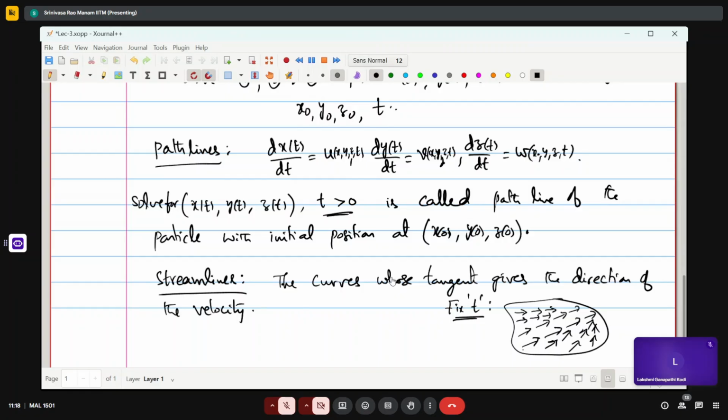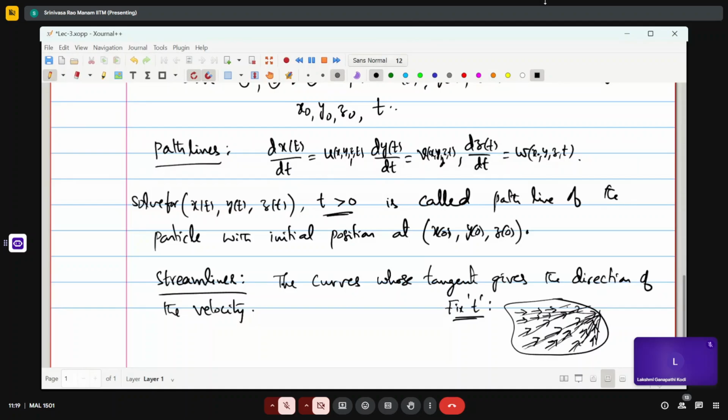So what are these curves? You just draw curves parallel to these arrows. These are the lines, maybe converging. We will look at these streamlines in a bit more detail, as well as pathlines. Generally, streamlines don't cut each other.